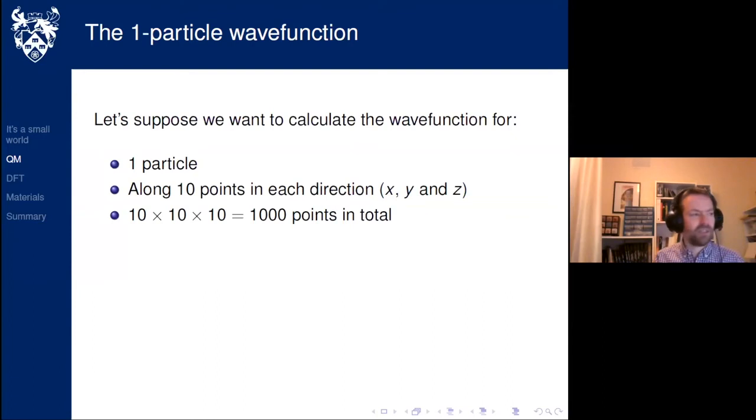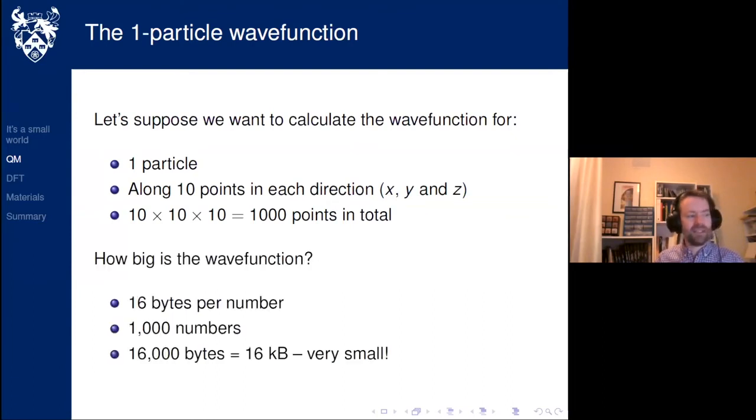How many points and how much data does that need? Well, number of points is easy. It's 1,000 points. How much data? Well, for a typical calculation, I need 16 bytes to store one number. Computers have different ways of storing numbers, but this will give me a good balance between accuracy and storage.